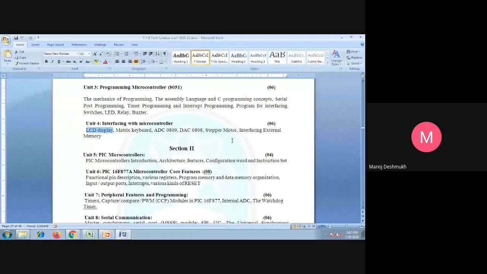Okay, so write the name itself: interfacing the various components or devices with 8051.